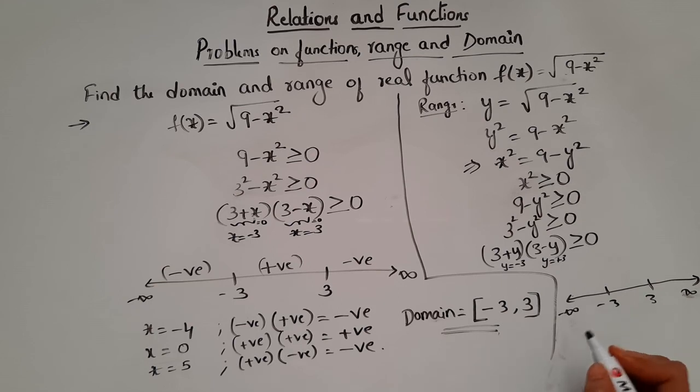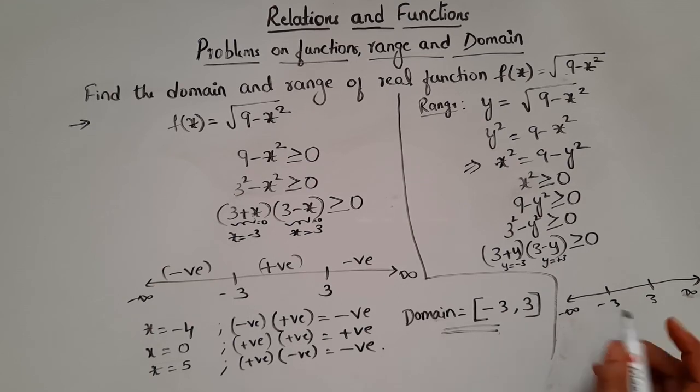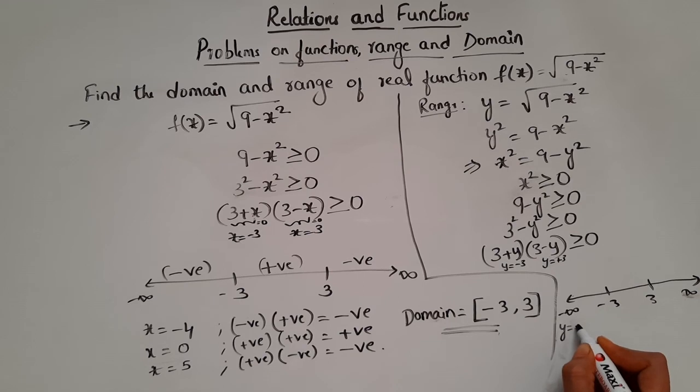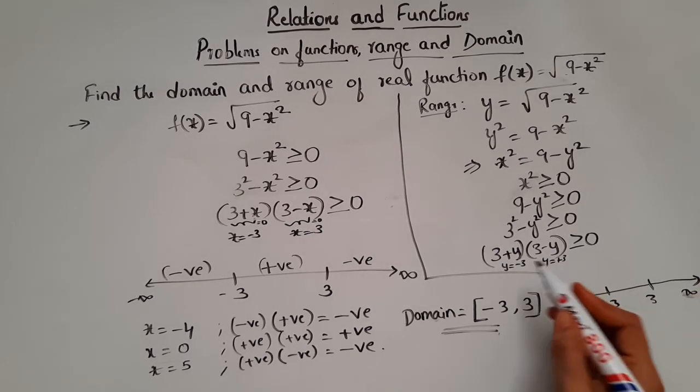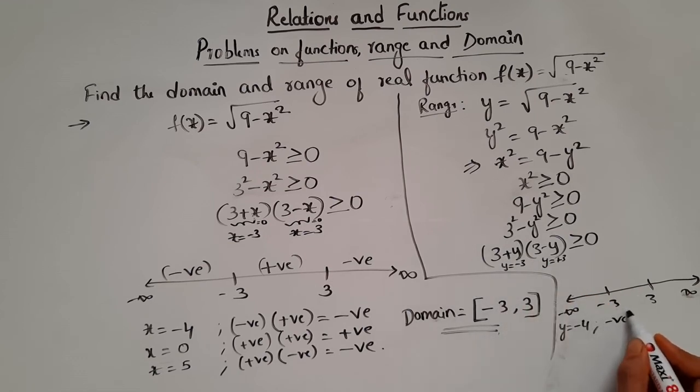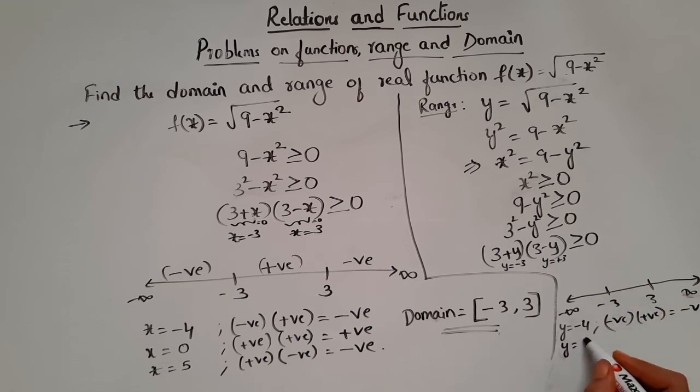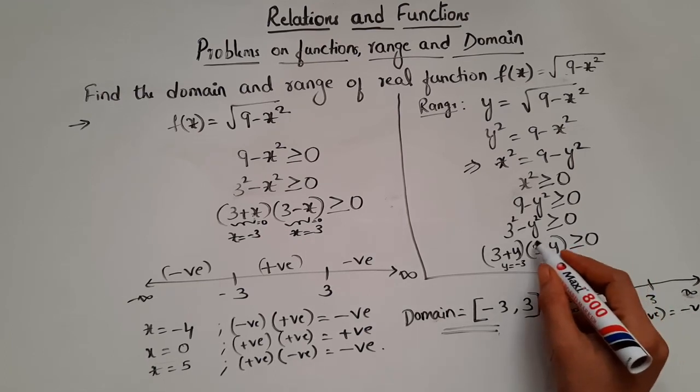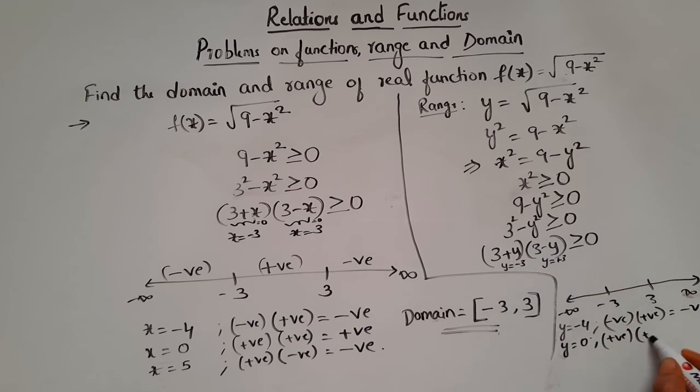Now you have to take any value of y in the range minus infinity to minus 3. Let's take y equal to minus 4. When you put minus 4 here, 3 plus y gets negative, and negative into 3 minus y, which is positive, gives negative overall. Similarly, in the middle range, if you take 0, 3 plus 0 is positive, and 3 minus 0 is positive, so overall it will be positive.